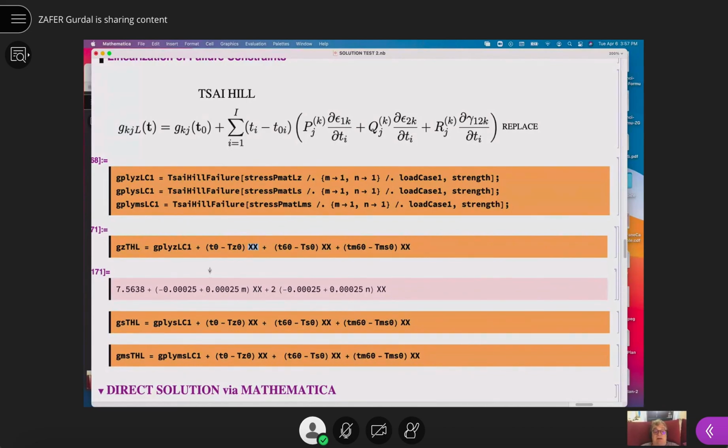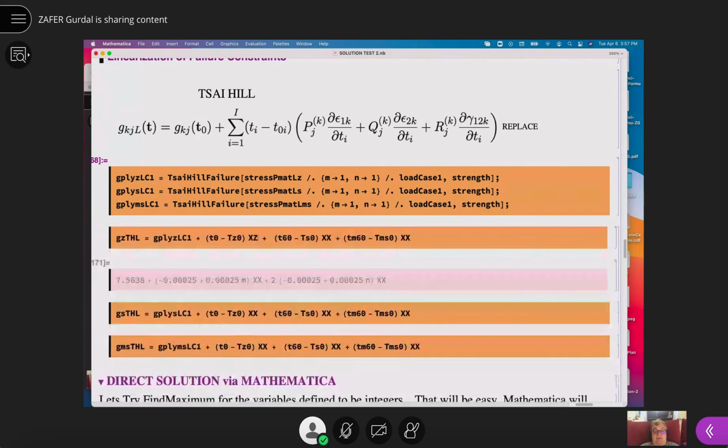You know, maybe type this X, Z, X, Z, X, Z for the time being. And this is for the 60, XS, XS, XS. And this is the derivative with respect to the 90, X minus 60.